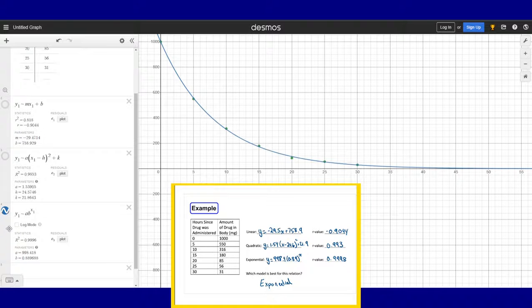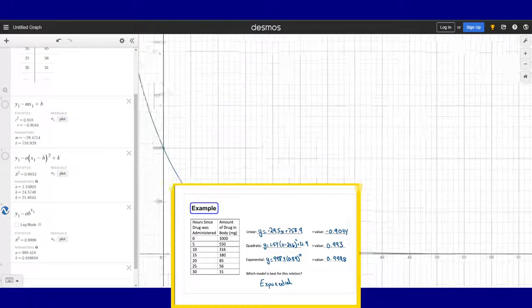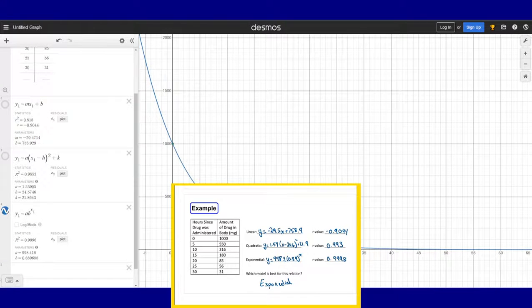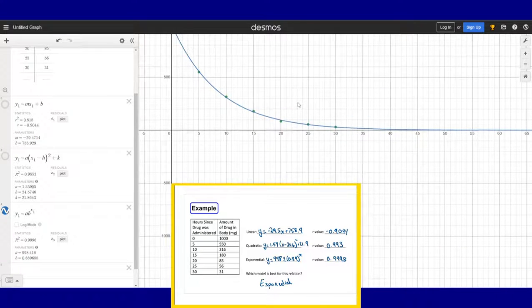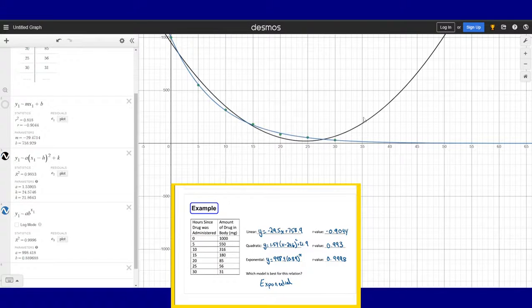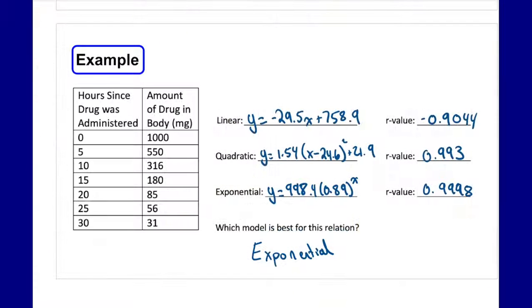You could use how the model would make future values look, or what predictions you'd make looking at future values. That's why we know it's not quadratic, because the amount doesn't increase as time goes on. So the main thing from this lesson is a review of the different types of models, some of their characteristics, as well as learning how to enter them into Desmos to determine which model best fits a given scenario.